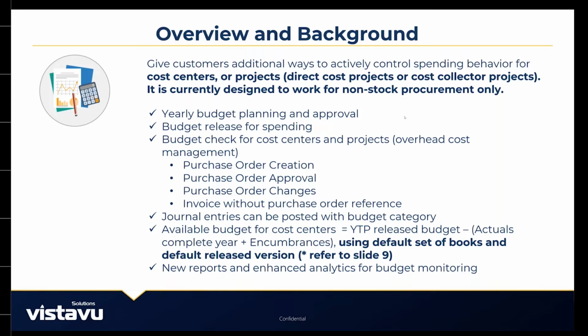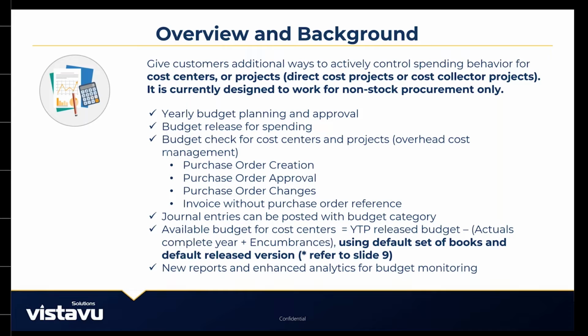Now, what this feature gives you is the ability to plan your yearly budget in the system, and then the ability to release the budgets for spending. You can release it for each month, or you can release it by quarter. You can also release it by certain budget categories or GEOs only, instead of releasing all of them at one time.